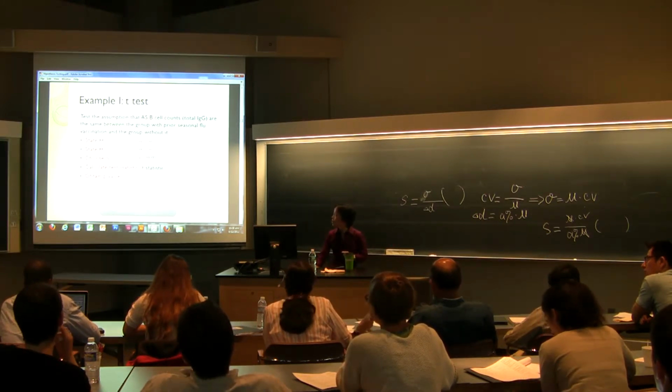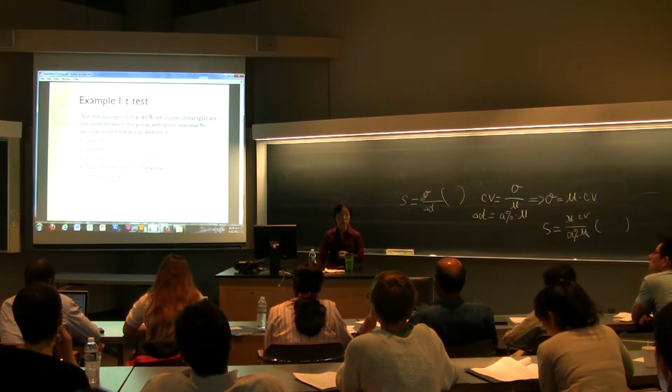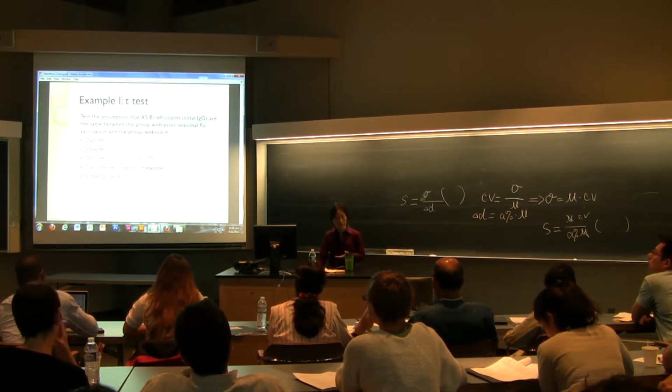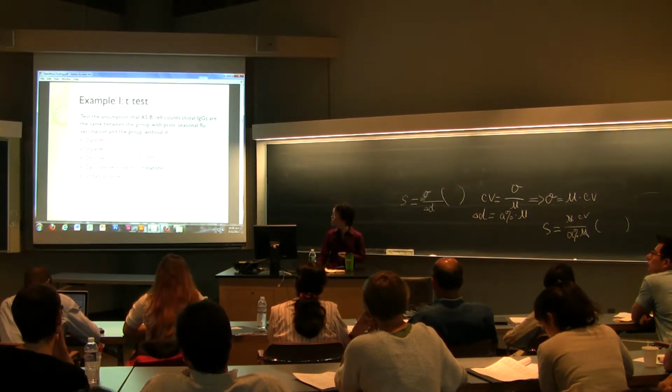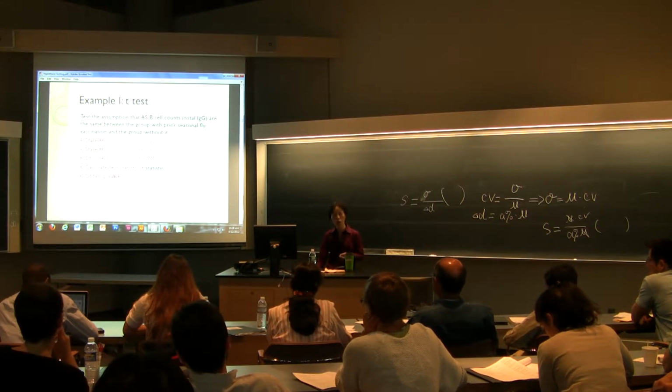The null hypothesis is that there is no difference between these two groups. The alternative hypothesis is that there is a difference between these two groups. The significance level will be 0.05. For the power, normally we choose 80%.